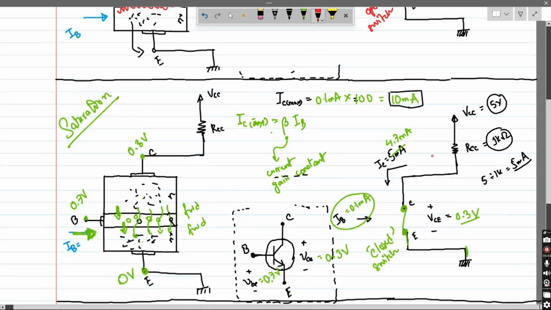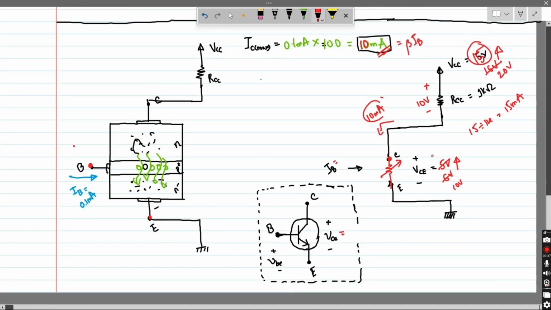But when the base current is not sufficient, the collector current will be limited to a value equal to beta times IB, and there will be a large voltage drop across the collector to emitter terminals, which let's say in this case was 5 volts, and the base to emitter voltage will be 0.7 volts.